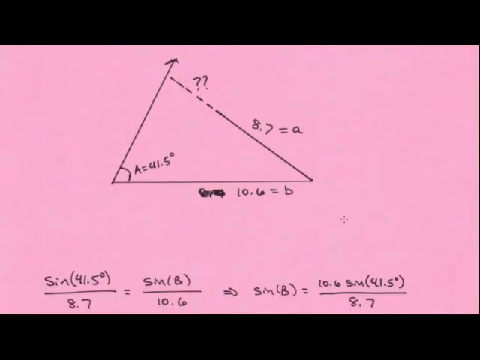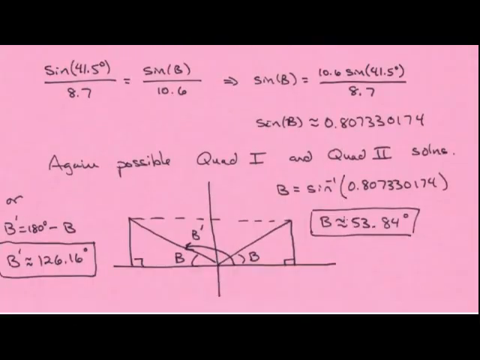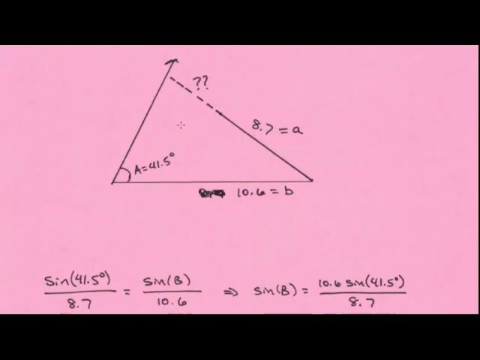Okay, so again, we go to the law of sines, we plug in what we know. So we know that the sine of 41.5 degrees over 8.7 is going to be equal to the sine of B, which may be the angle up here, over the length of side B, 10.6.